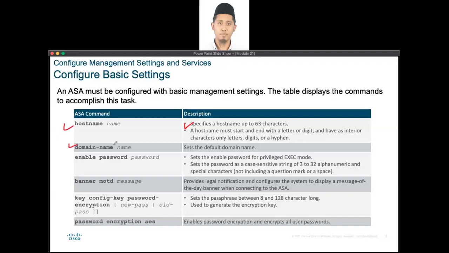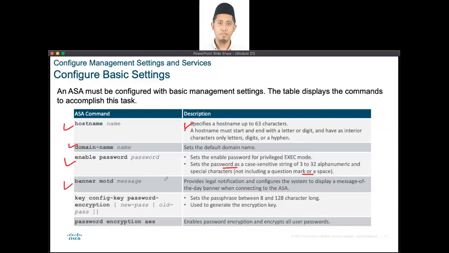Domain name: we put the name and set the default domain name. Enable password: set the enable password for privilege exec mode. Set the password as a case-sensitive string of 3 to 32 alphanumeric and special characters, not including a question mark or space.